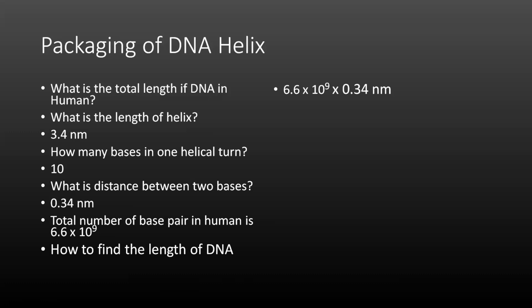Let's see. 6.6 into 10 raised to 9 multiplied by 0.34 into 10 raised to minus 9. So this 10 raised to 9 and this 10 raised to minus 9 cancel, because by the law of indices it becomes 10 raised to 9 plus minus 9. What is left is 6.6 into 0.34.